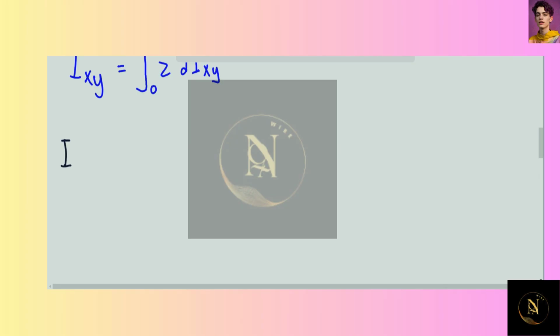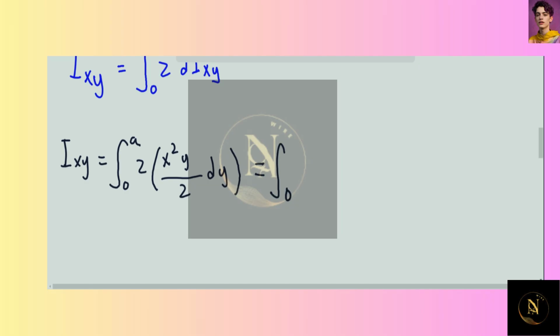So I of xy is equal to the integral from 0 to a of 2 times x squared times y divided by 2 times dy, which we can write as the integral from 0 to a of x squared times y dy.